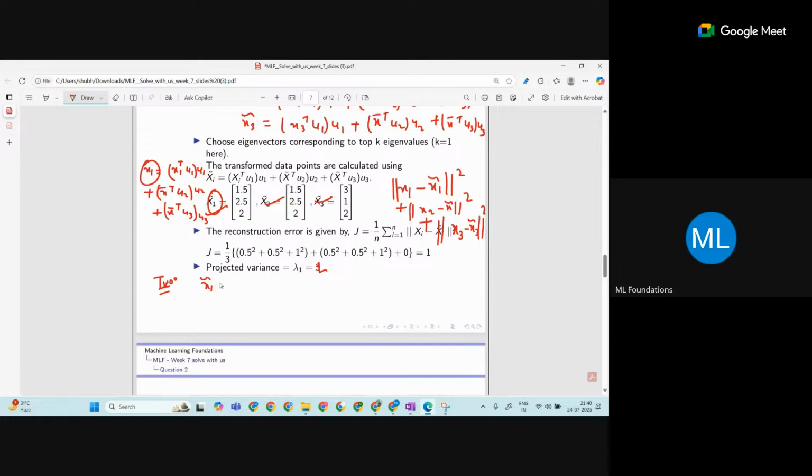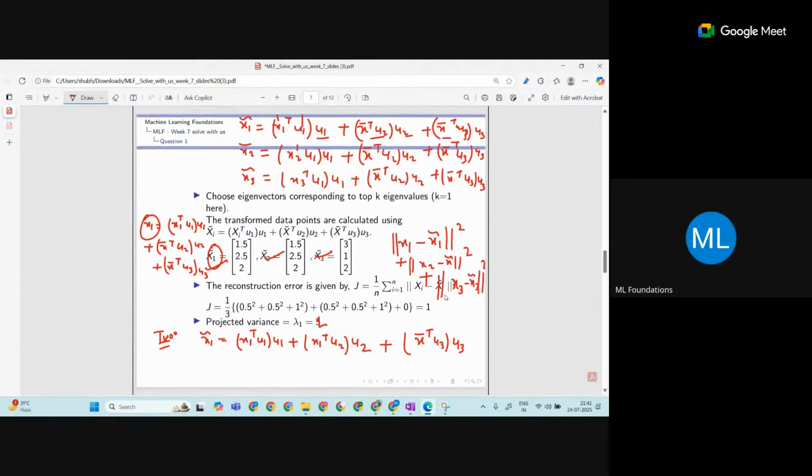See how it is. x1 tilde is going to be x1 transpose u1 outside u1, plus x1 transpose u2 outside u2, and the last one is only the mean transpose u3 outside u3.